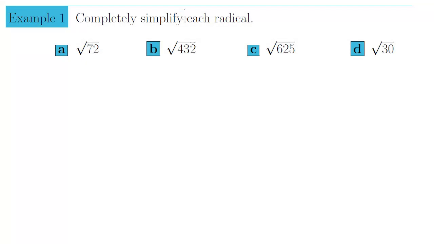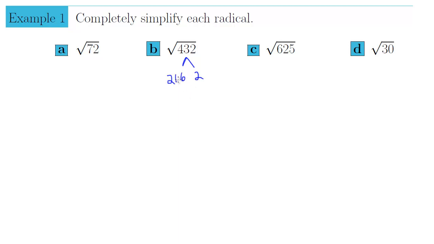Alright, so next we have the square root of 432 to deal with. Now, 432 seems like a big number, okay, but it's not too bad because you can build the factor tree by simply using the fact that it's even, right? So let's factor down 432. You know that 2 goes into it 216 times.